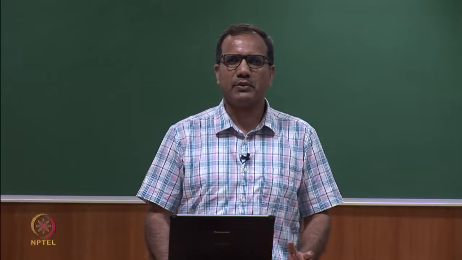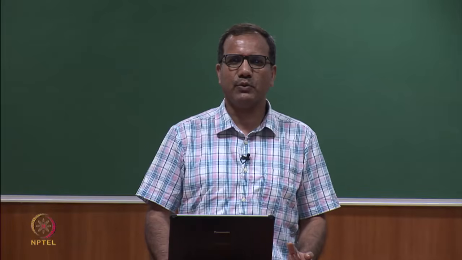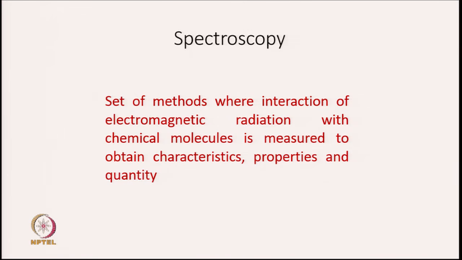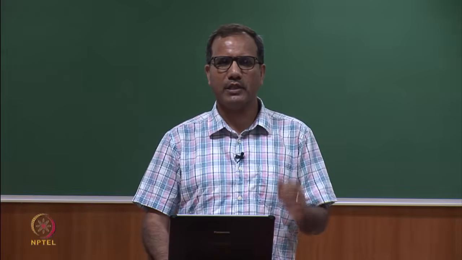So, what is spectroscopy? Spectroscopy is a set of methods where interaction of electromagnetic radiation with chemical molecules is measured to obtain characteristics, properties and quantity. So, there are two parts of this.